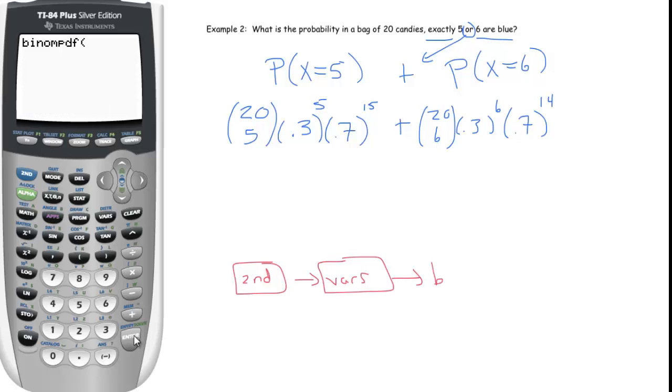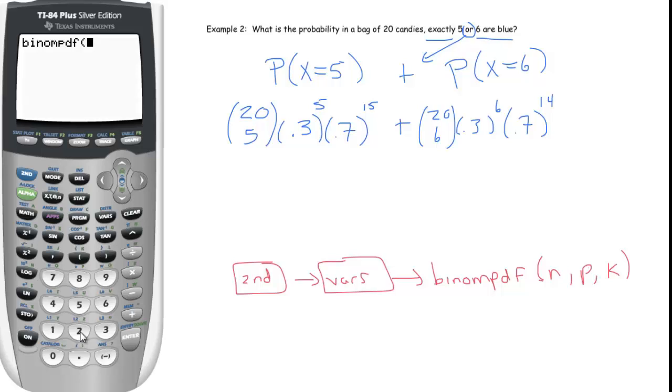This takes three parameters. It takes the number of trials, the probability of success on each trial, and lastly the number of successes you're interested in.